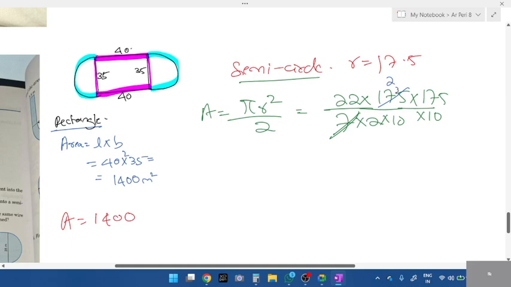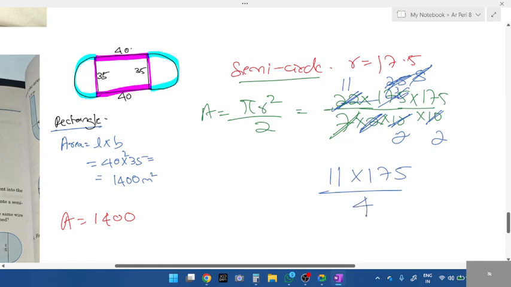Carry, remainder is 3. 7 fives are 35. Next, use 10 times table. 2 ones are 2, how many times it goes in 22? 11. Then 10 times table, 5 fives are. Next, 5 ones are here. What are the values left? Everything gets cancelled. 11 into 175 divided by 4.